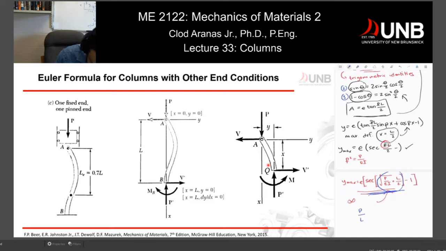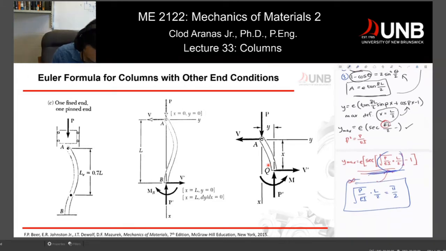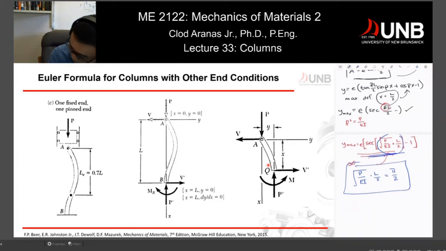So we have P divided by EI, square root, times L over 2. This particular relationship, we do not want this to happen, because this one would give you a Y max which is infinity.